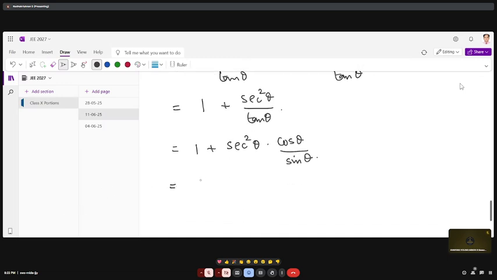That means 1 plus, so now secant square theta into cos theta. 1 secant theta into cos theta will become 1 because secant theta and cos theta are reciprocals of each other. So what will remain is only 1 secant theta over sin theta. 1 by sin theta is cosecant theta, right?